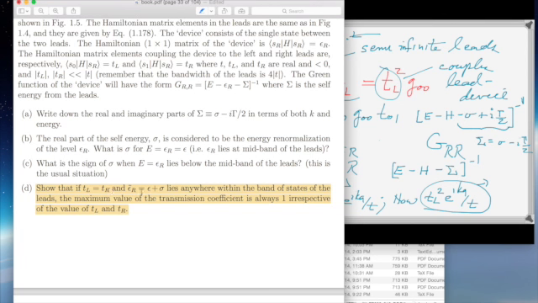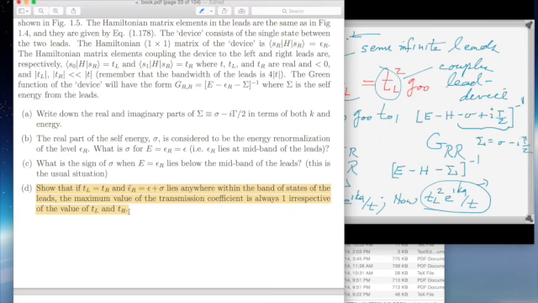Just defining this renormalized site energy: if it lies anywhere within the band of states of your leads, this epsilon plus or minus 2t, the bandwidth of the leads, the maximum value of the transmission is always 1, irrespective of whatever value. These have to be the same value, that's important, but no matter how big or small they are, the maximum transmission through that resonant level is always 1, wherever the resonant level lies in the band.